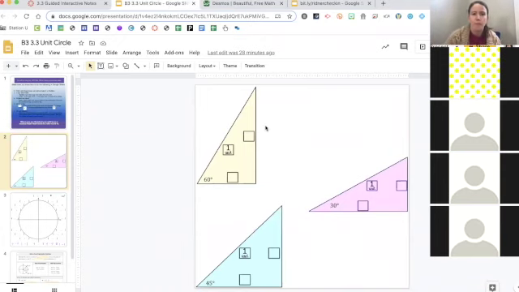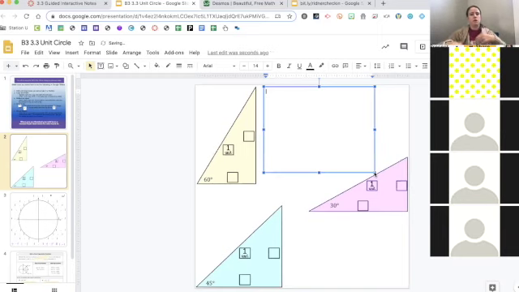All right. So what we're going to look at is 30, 60, 90 triangles. These are actually the same triangles, just in a different direction. And then we're going to talk about the 45, 45, 90.